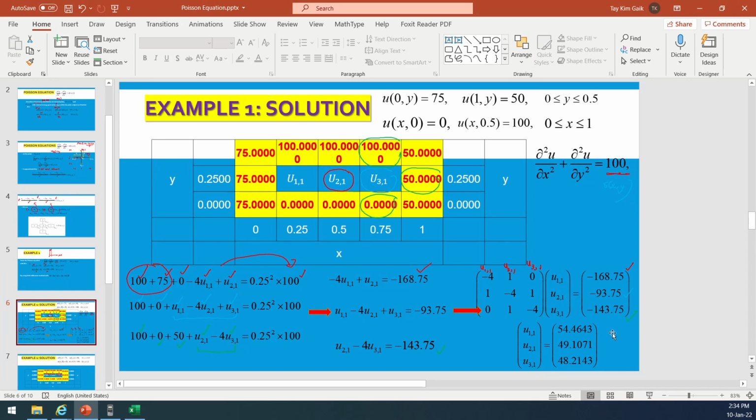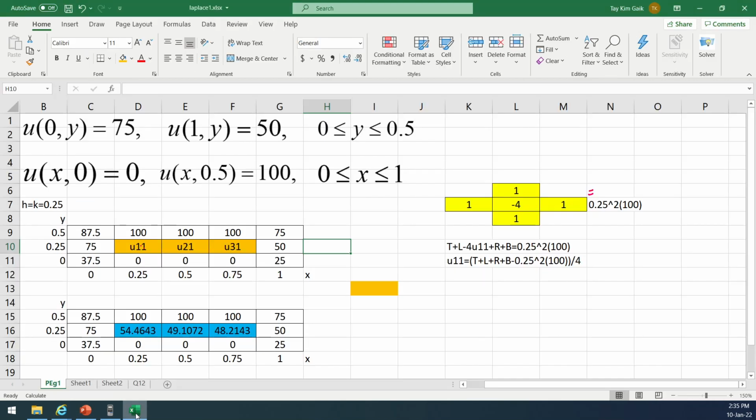Then solve it using the technique that you learned in chapter 3, or you may directly use your scientific calculator if you have three or four simultaneous linear equations. And in Microsoft Excel, we are going to show you how we can quickly solve U11, U21, U31 without forming the system of linear equations.